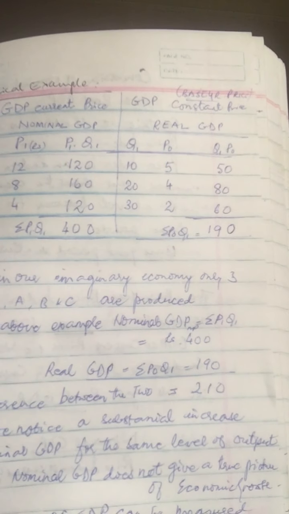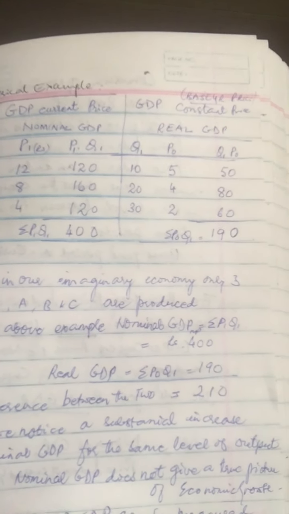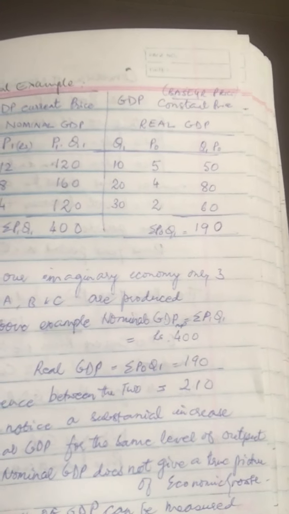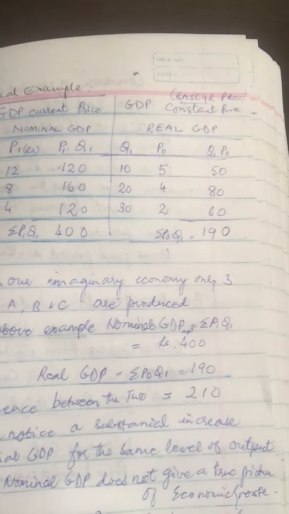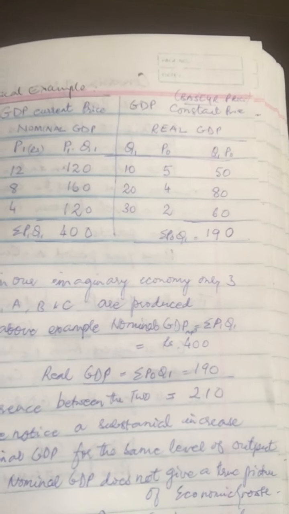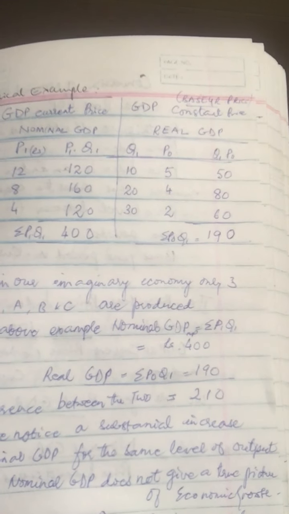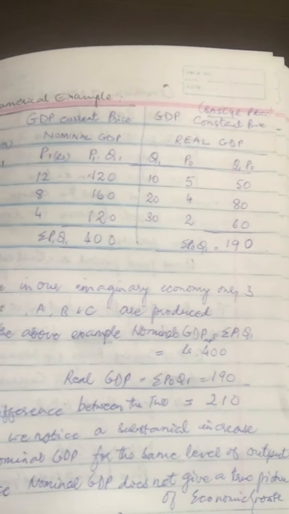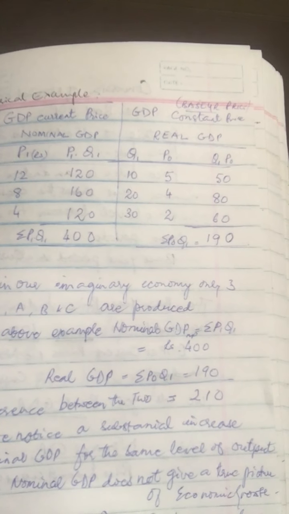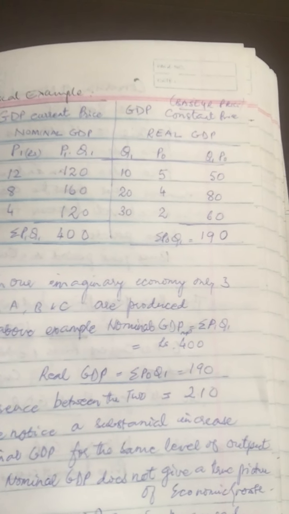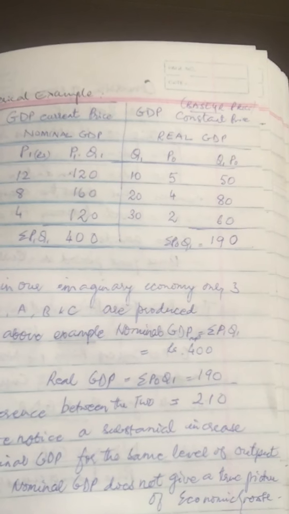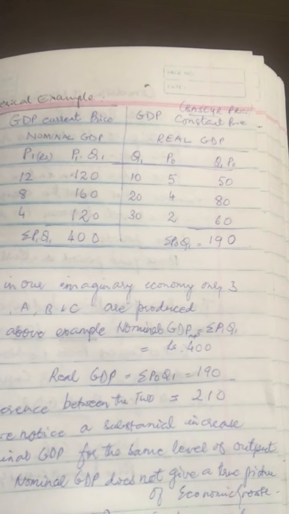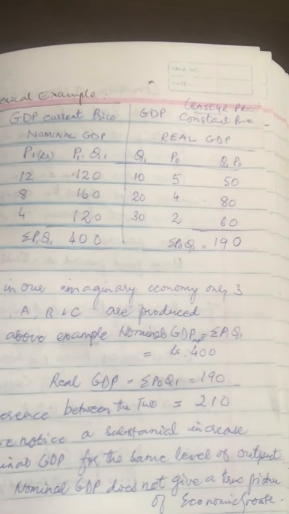Based on that, we can work out what has been the increase in the current year. So what are you going to do? 400 minus 190. So that is the increase.